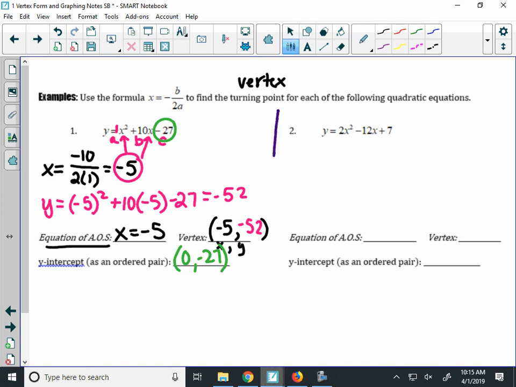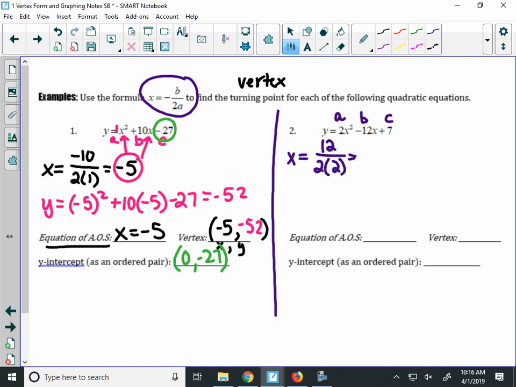All right, same thing for number 2 here. We'll check using Desmos. We need to know our a, our b is negative 12, and c is 7. So to find the equation of the axis of symmetry, I use my formula, opposite of b over 2a. The opposite of negative 12 is positive 12 divided by 2 times 2.